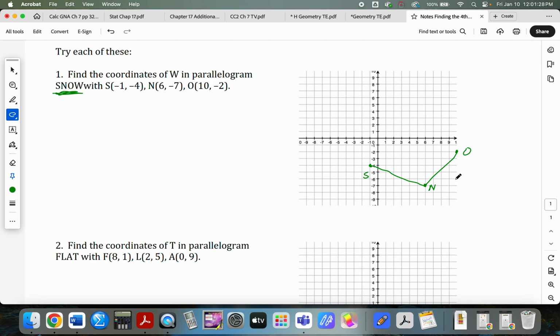All right, I want to count the slope of one of the sides. It really doesn't matter which one. I'm going to count from N to O. From N to O, I go up 1, 2, 3, 4, 5 spaces, and to the right 1, 2, 3, 4.